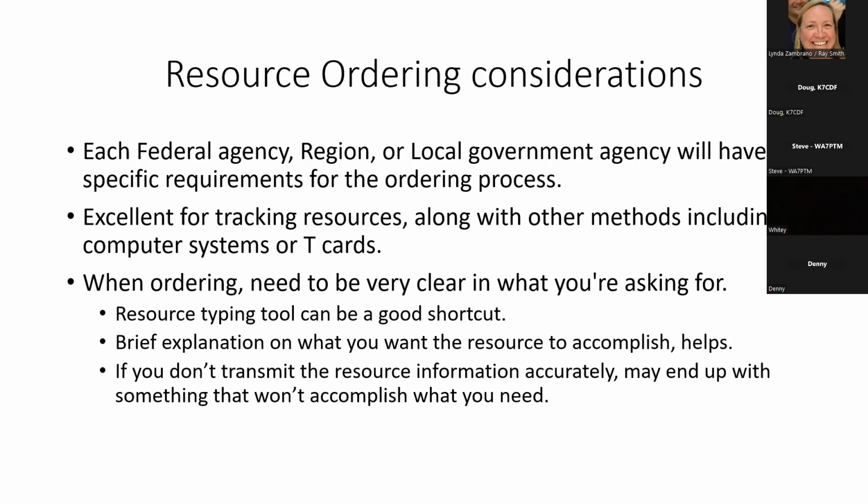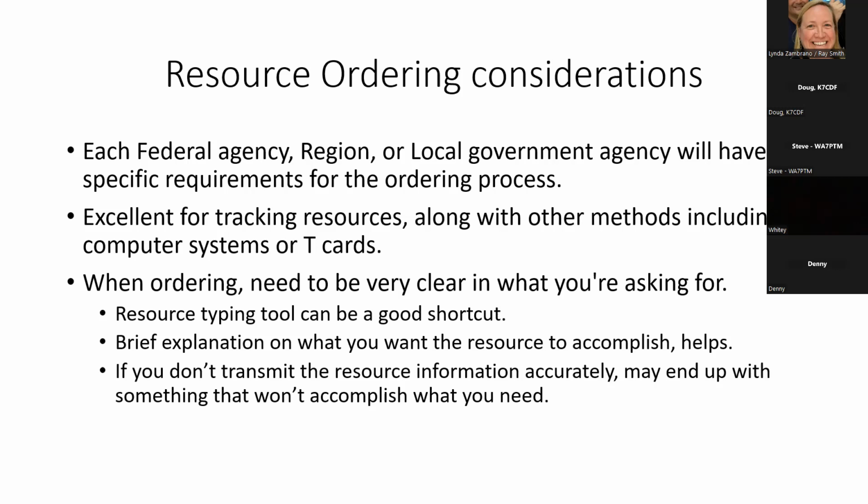If you are one of the ones that's being asked to order something, you need to be really clear about what it is you're going to request. The resource typing tool, if you get that out and look through it, you can place the order based upon it.